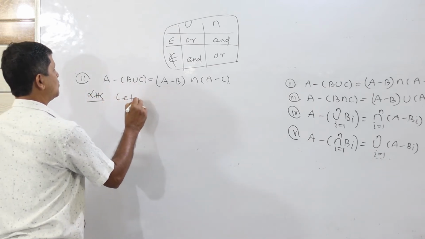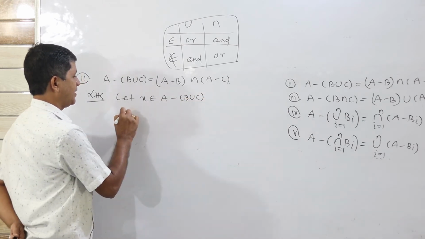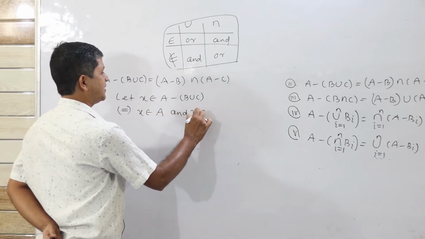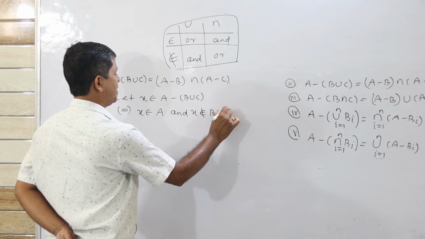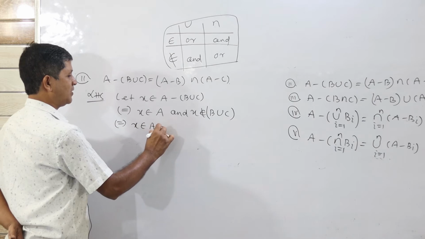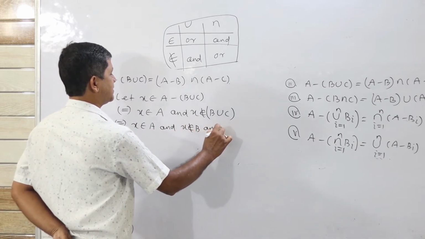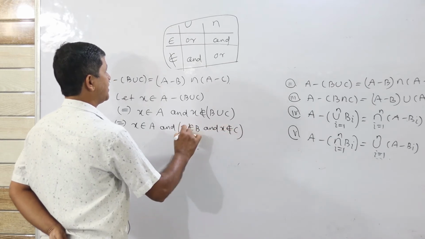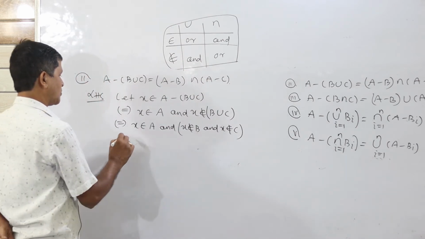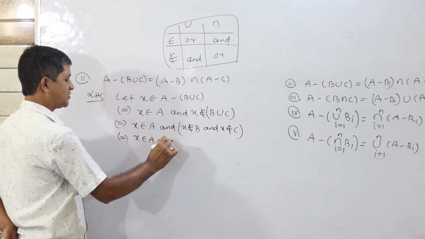Let x belong to A − (B ∪ C). This implies and is implied by x belongs to A and x does not belong to B ∪ C, which implies x belongs to A and x does not belong to B and x does not belong to C. In case of union, the does not belong to case is represented by and.